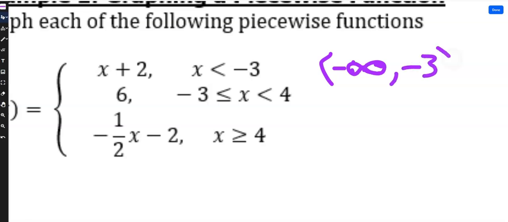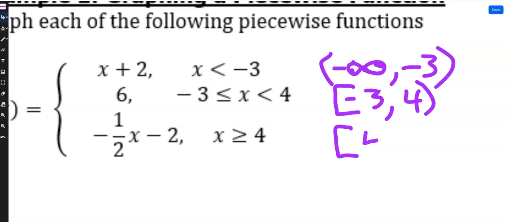Now, because there's no equal sign, that would be open. On the next one, we have closed, negative 3, comma 4, open. And on the next one, closed 4, comma infinity. And you can never put a parenthesis or a bracket on infinity or negative infinity.